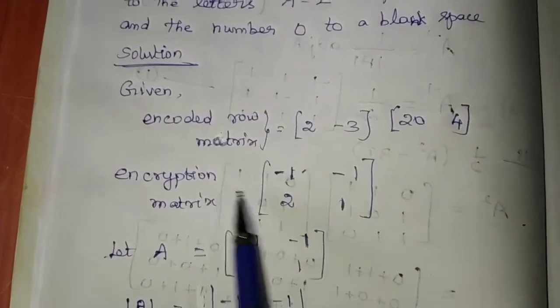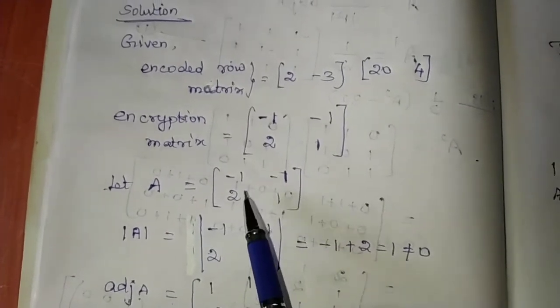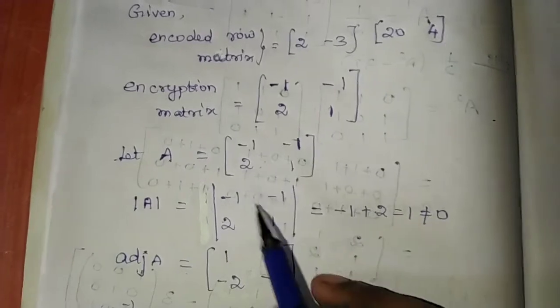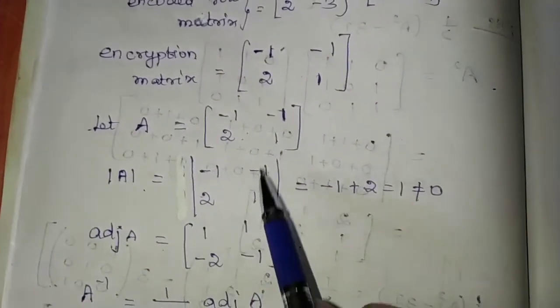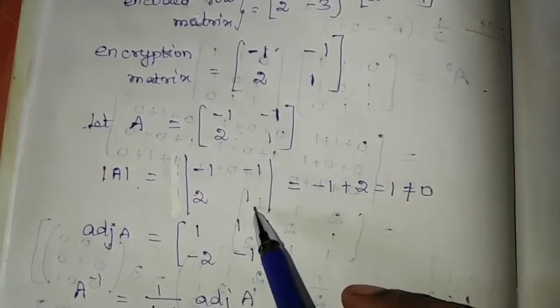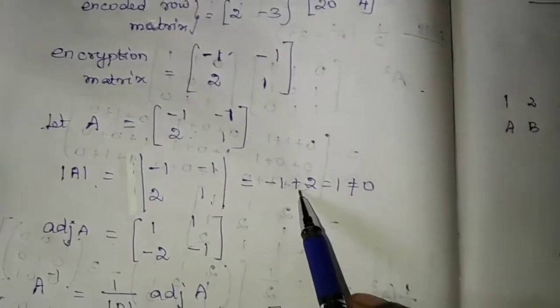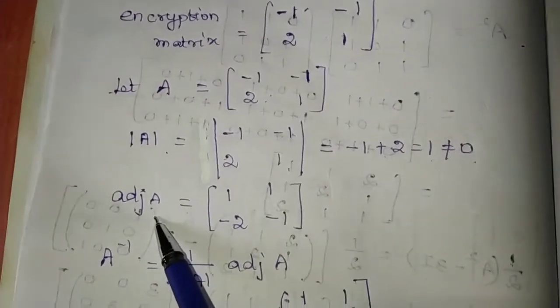Encryption matrix given, let A equal the encryption matrix. We want to find A inverse, the decryption matrix. Mod A equals the modulus value: minus 1 plus 2, equal to 1, not equal to 0. Next we want to find adj.